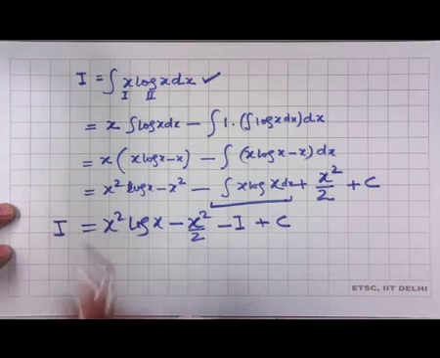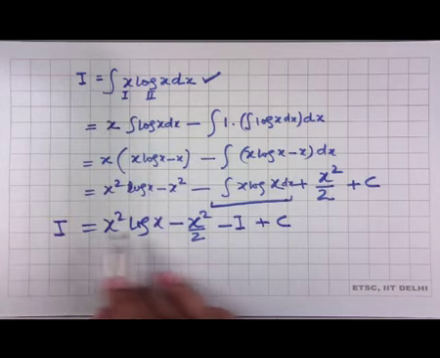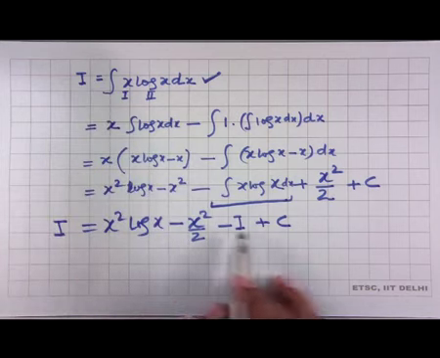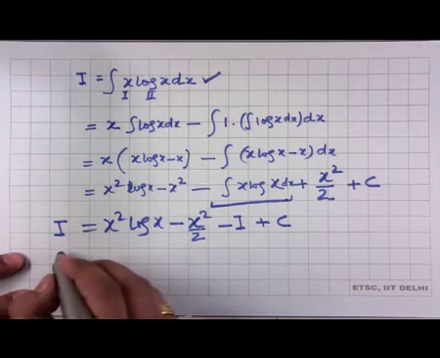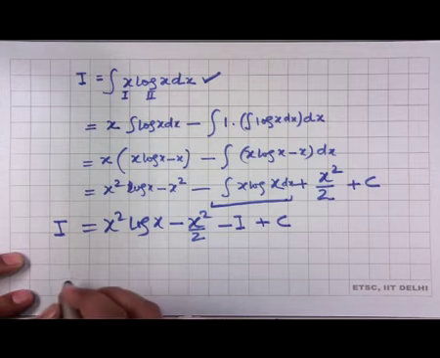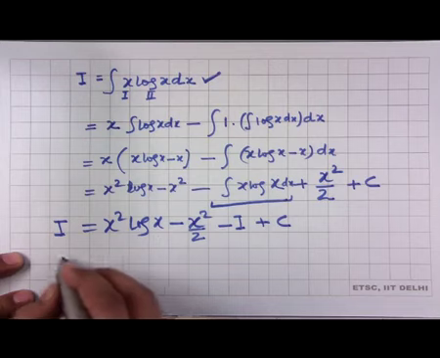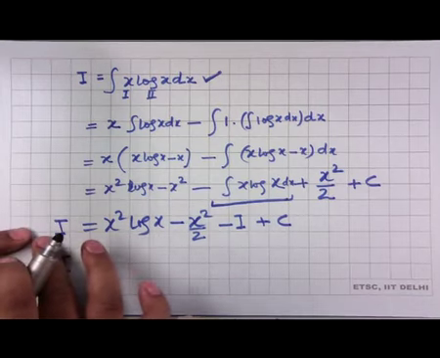So, the expression I got now is that I equals x square log x minus x square by 2 minus I plus the constant. Transfer I to the left hand side, so that you will get twice I, and then divide throughout by 2.